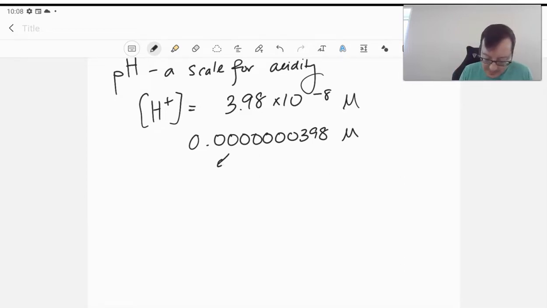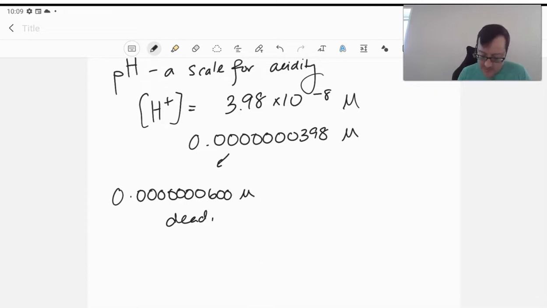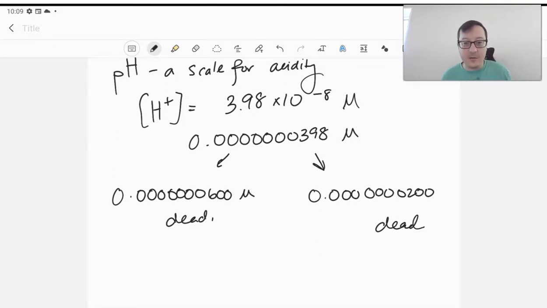And so if we end up going to about 0.000000006, dead. Or 0.0000002, also dead. Either way, we're not very good at adapting to changes in H plus concentration.